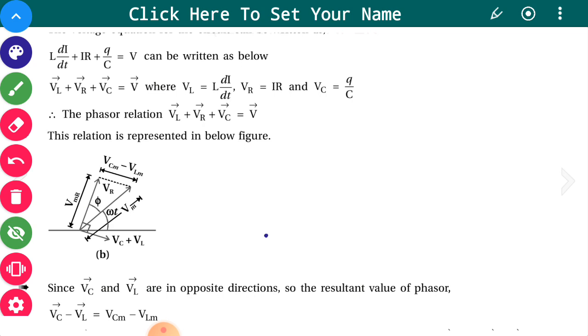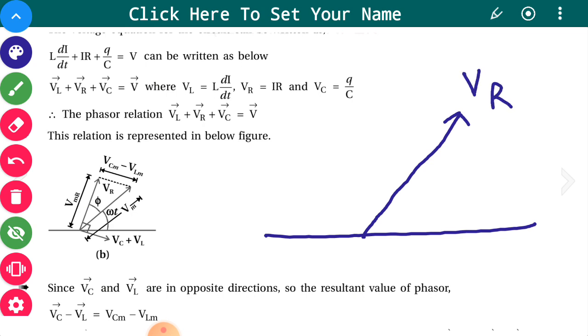See, this is your horizontal line. This is voltage across resistor VR. What is the angle of this voltage across resistor at any time? It is omega t plus phi. Try to understand, this angle is omega t. Yes, it is voltage across resistor, that is omega t plus phi.